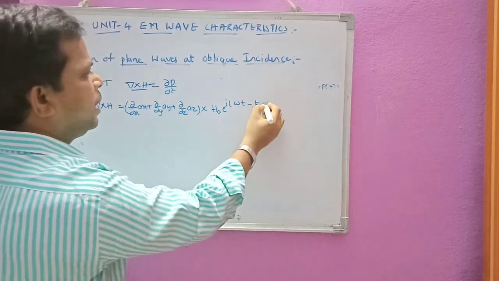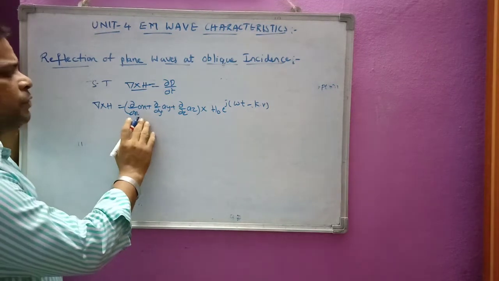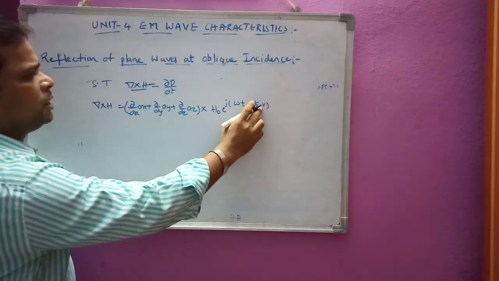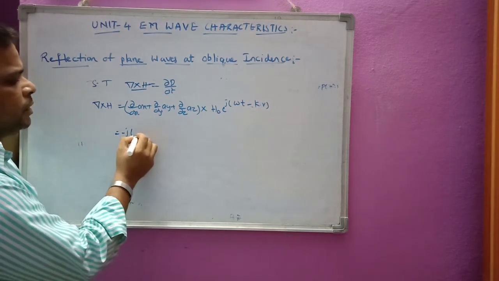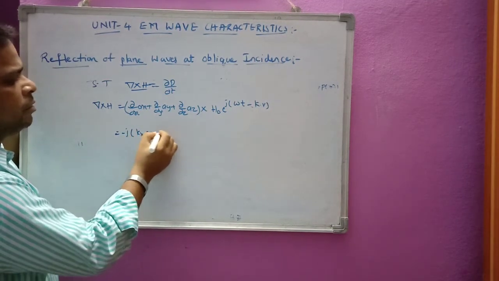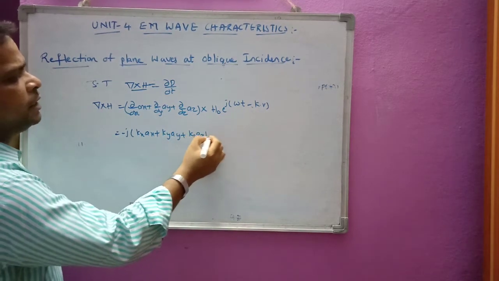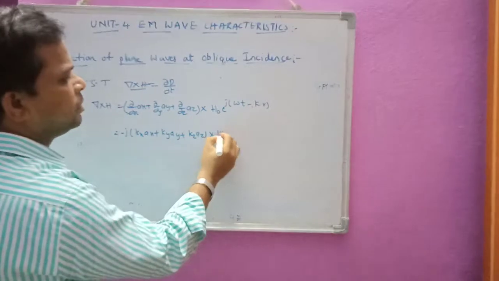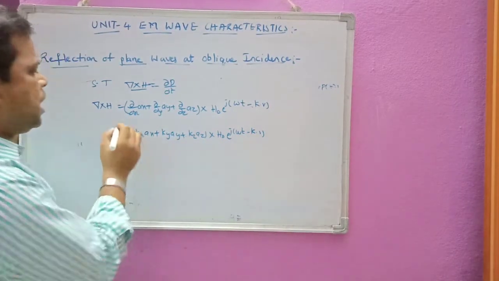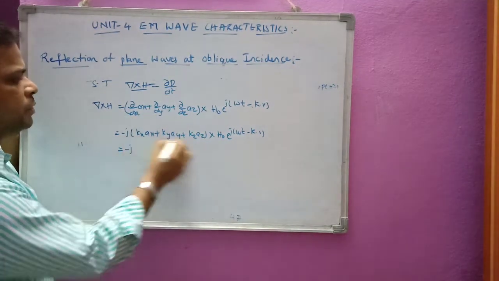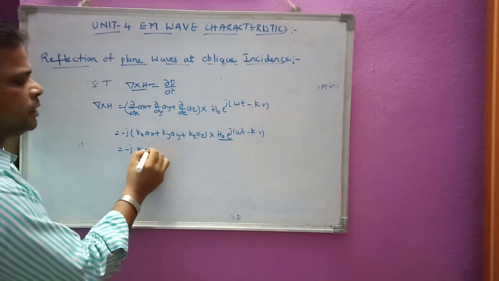I know that the differentiation of the k dot r factor with respect to position we can write as minus j into kx ax plus ky ay plus kz az. Again this is the cross product with H naught into e power j omega t minus k dot r. Now this will be equal to minus j into k cross H.